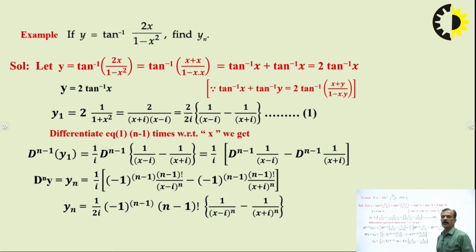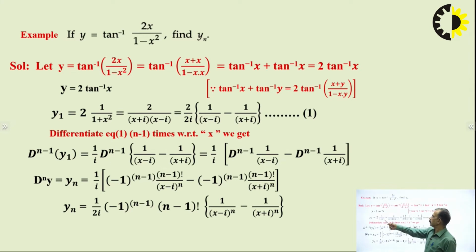But we don't have a formula for finding the nth derivative of tan inverse x, so we convert this tan inverse x into an algebraic function. To convert it into an algebraic function, we differentiate tan inverse x.